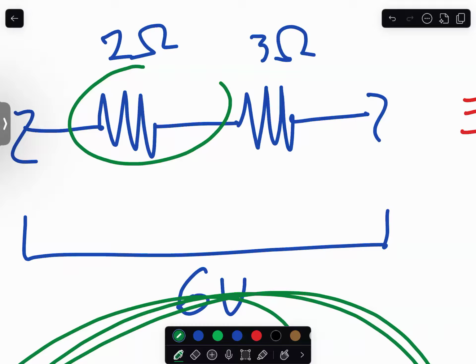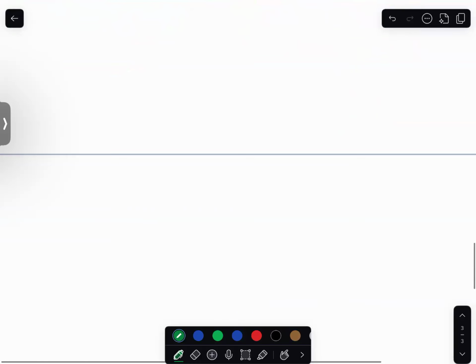How do you guys feel? Better? Worse? About voltage and current in particular? Give me a finger based on how confident you feel about voltage and current.